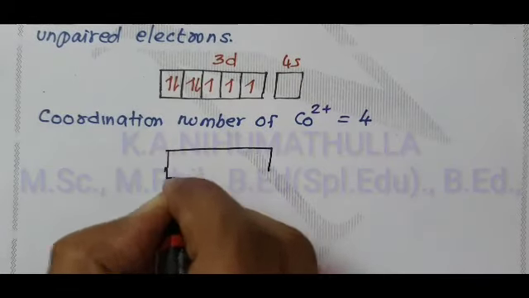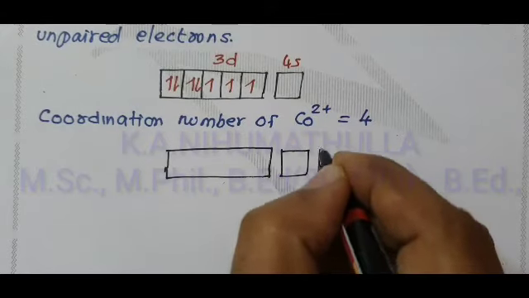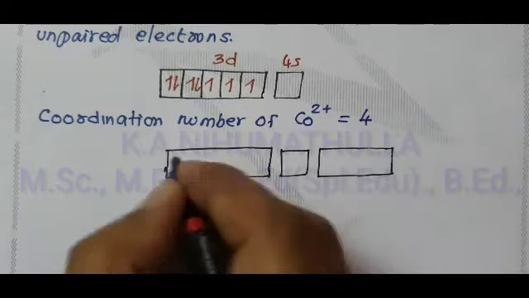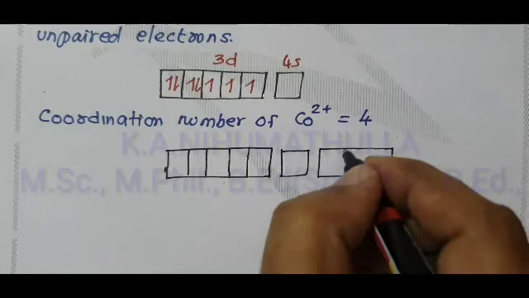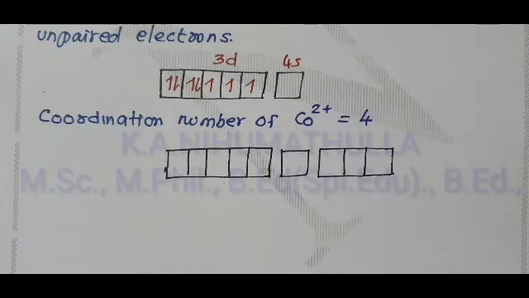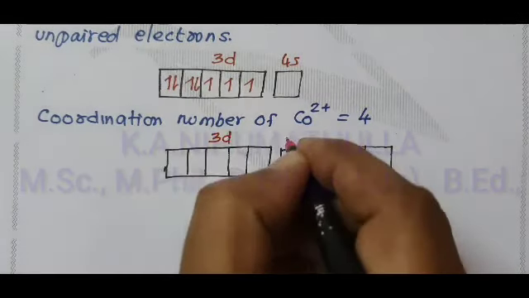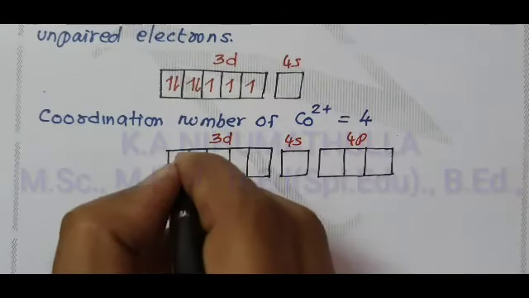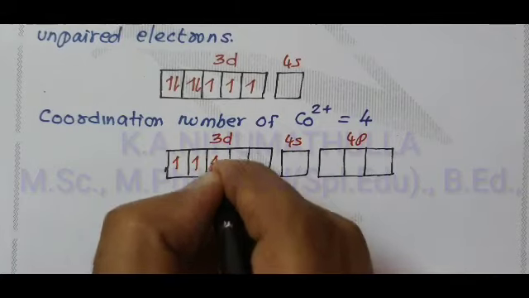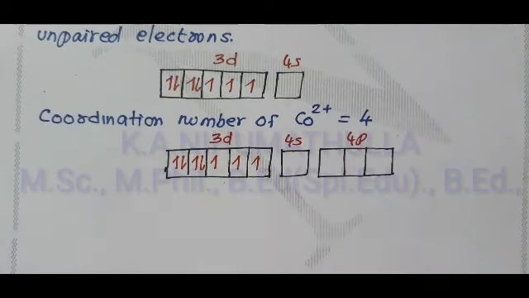This is your 3d, then 4s, then 4p: 4px, 4py, 4pz. This is the 3d orbital and 4s. How many electrons do you have? 1, 2, 3, 4, 5, 6, 7.